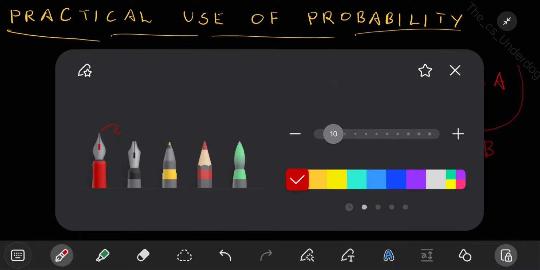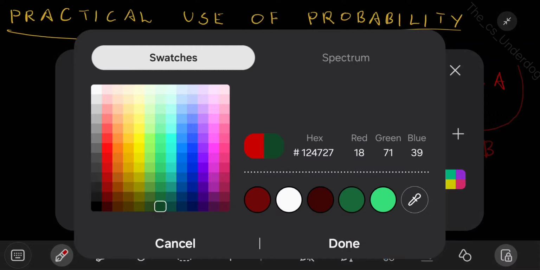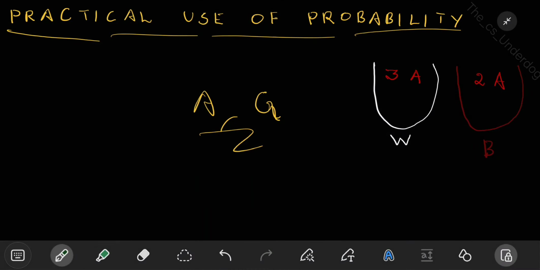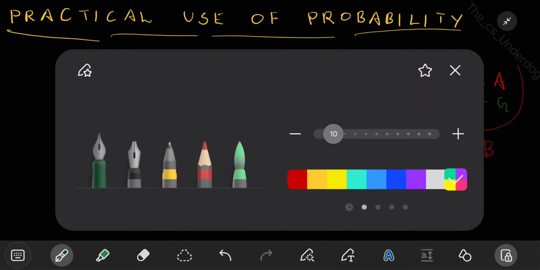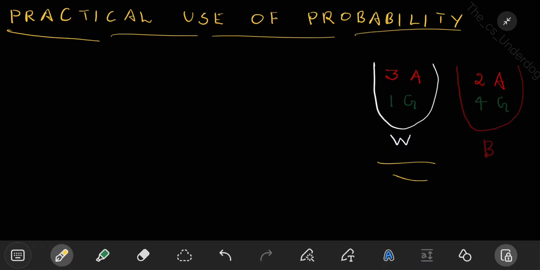Guava is green. So let us take green. Say in the white bag you have 1 guava and in the brown bag you have 4 guavas. Okay, so you have a white bag in which you have 3 apples and 1 guava, and you have a brown bag which has 2 apples and 4 guavas.